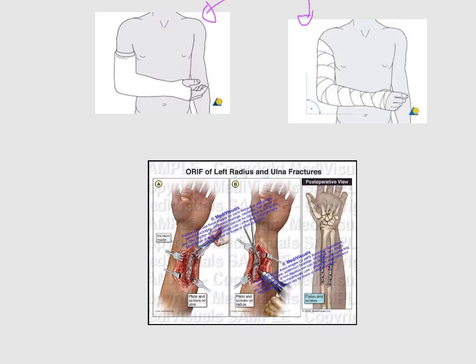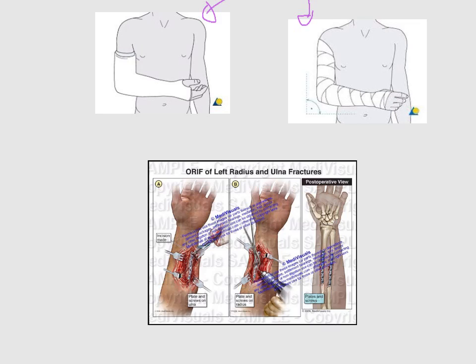After the operation, you have to keep the arm up, and you have to keep exercising to prevent what we call compartment syndrome. I will talk about compartment syndrome in a few seconds. So we have to do open reduction and internal fixation in most adults, because unfortunately closed reduction is unsuccessful in adults.